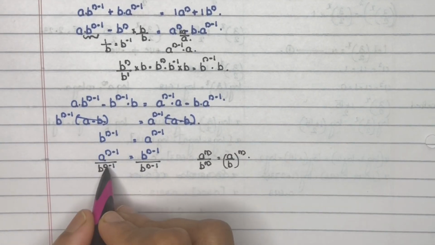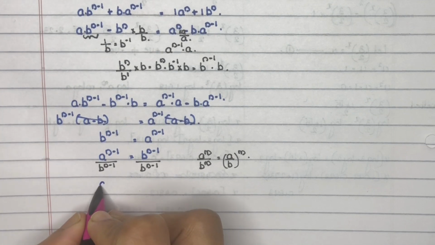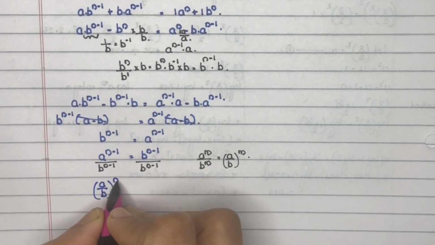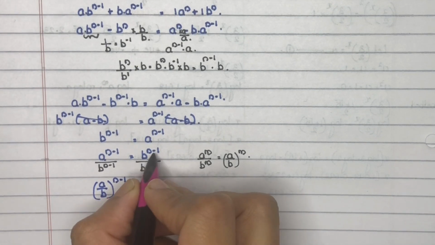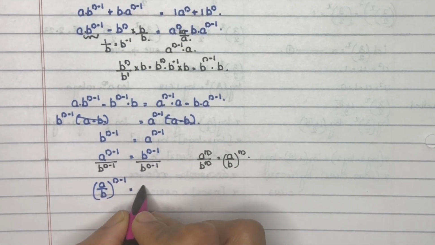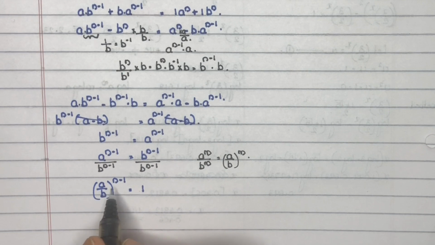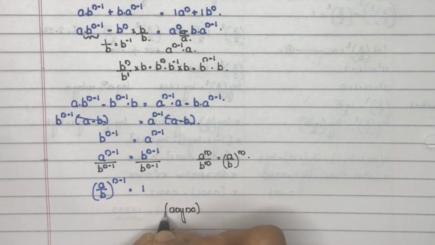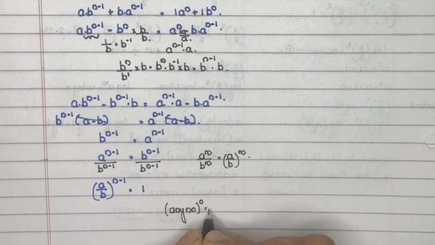Now consider LHS. Here exponent same, so by applying the law of exponents, (a/b)^(n-1) is equal to b^(n-1)/b^(n-1), which is 1. Here we got (a/b)^(n-1) is equal to 1. That is, a number raised to n - 1 is equal to 1. And we know that any number raised to 0 is equal to 1.